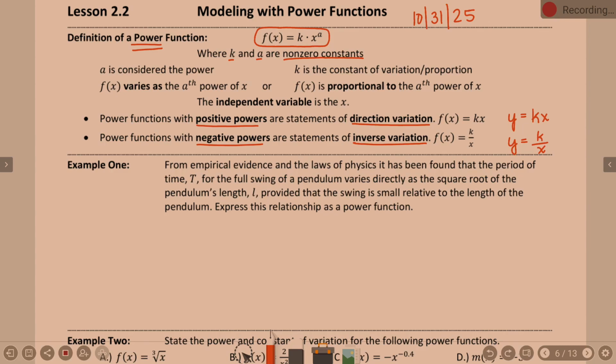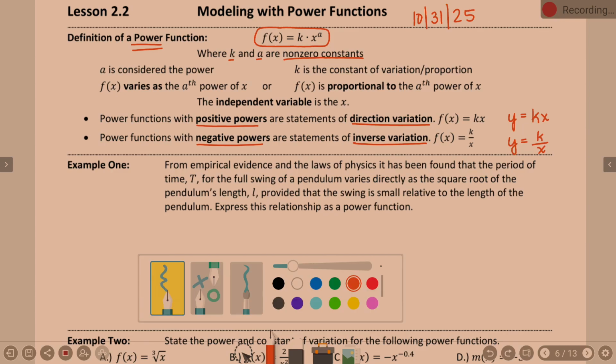From empirical evidence and the laws of physics, it has been found that the period of time T for the full swing of a pendulum varies directly as the square root of the pendulum's length L, provided that the swing is small relative to the length of the pendulum. We're going to break it down in a moment. Express this relationship as a power function.